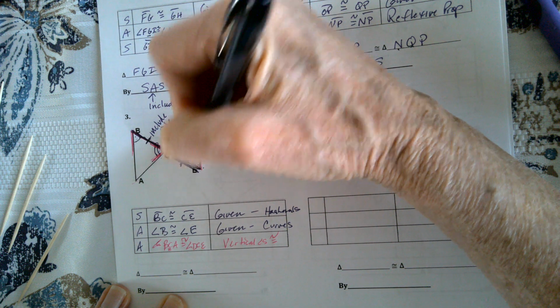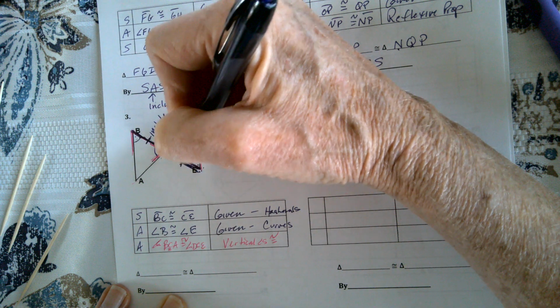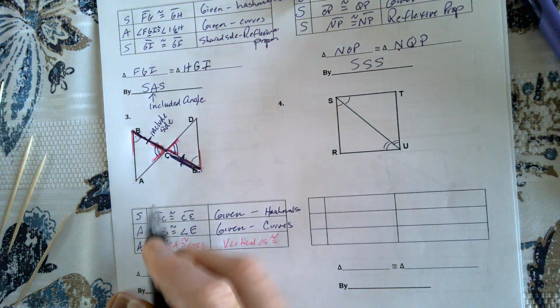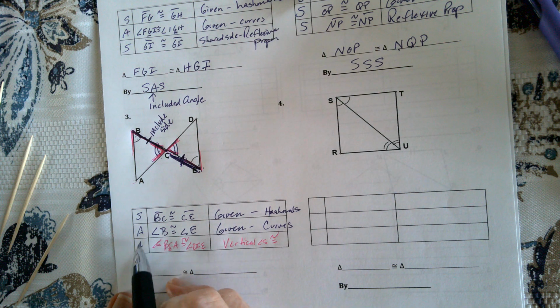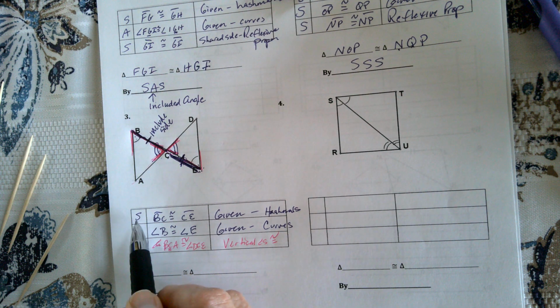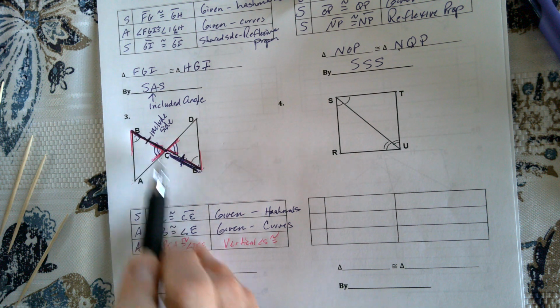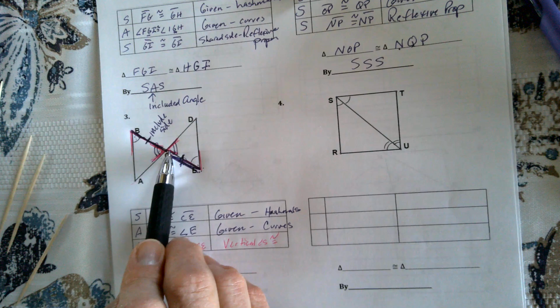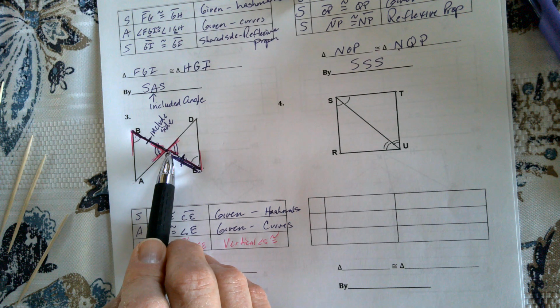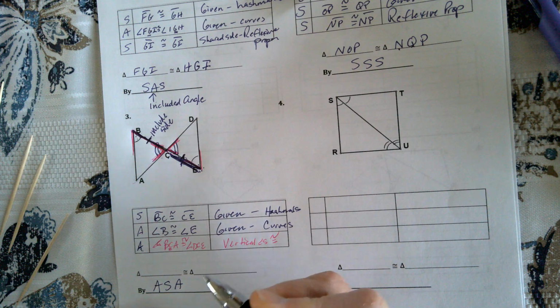This is a side between the two angles. Both angles sit on it. Both angles are adjacent to it. So don't go by this, because how you came up with this isn't necessarily going to be the order that they're written in the picture. So the reason for this is angle, side, angle.